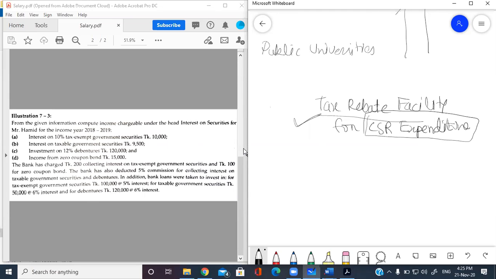There is a ceiling, not a floor. There is a ceiling on how much your maximum CSR expenditure can be for tax rebate purposes.